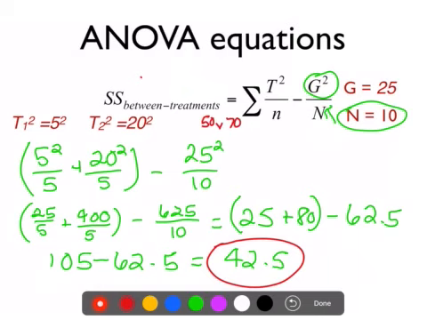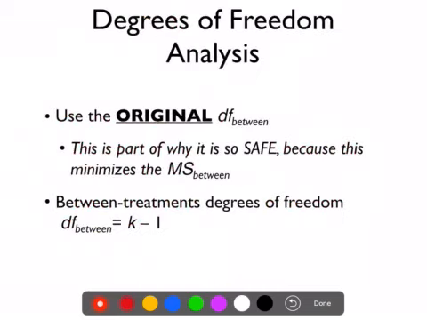Okay, so we've recalculated that for two groups, 50 versus 70, and this is our new sums of squared between treatments that we're going to use to calculate that Scheffé test. We still, however, need to turn it into our mean squared between, okay? And how we do that is, again, using our degrees of freedom between.